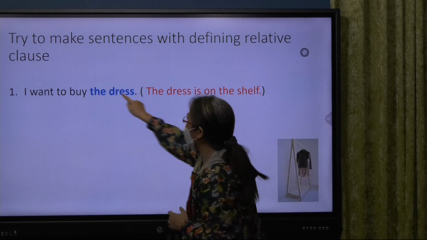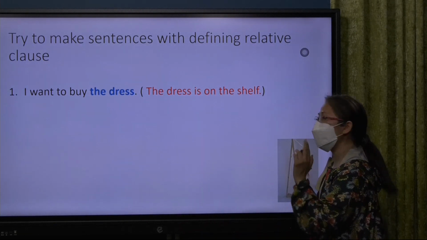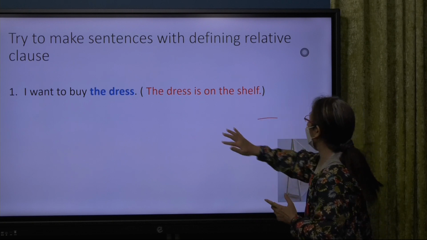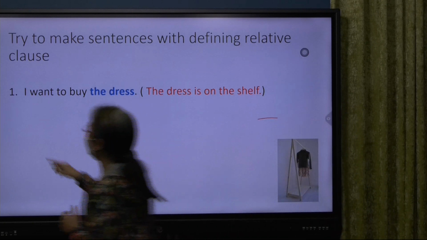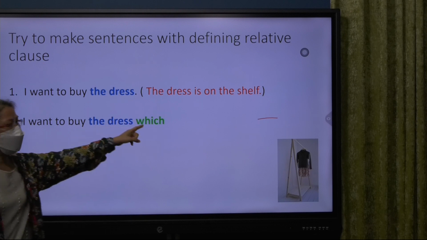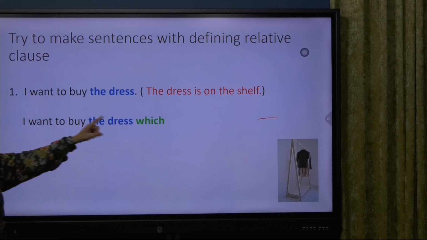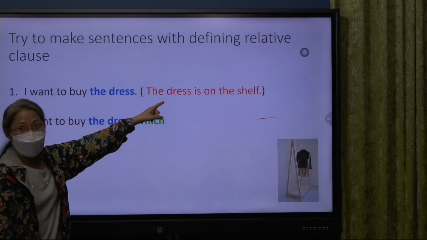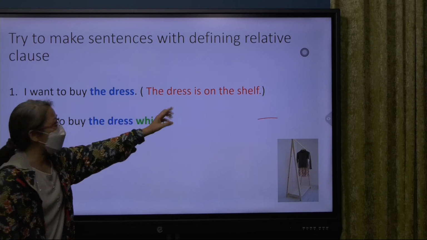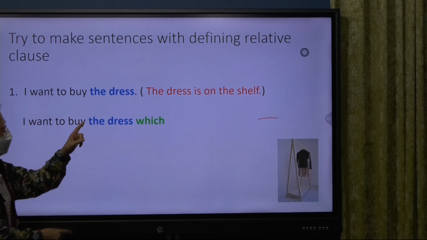So this one, what can we do? After the noun, we'll put the defining relative clause, right? I want to buy the dress. After the noun, we put the relative pronoun here, which, and then we add the defining relative clause, the dress is on the sale.